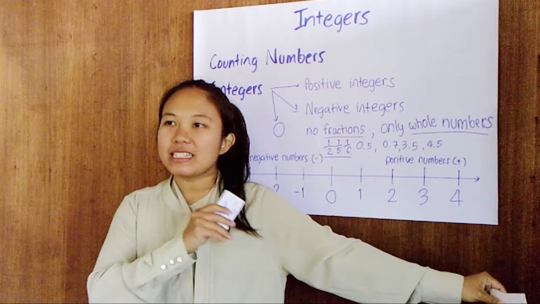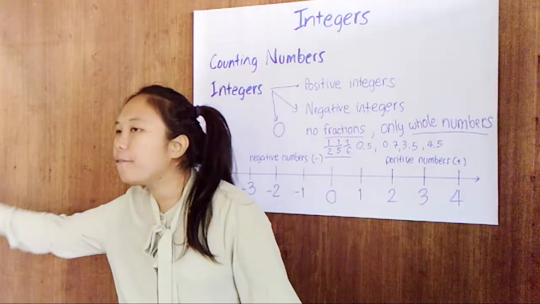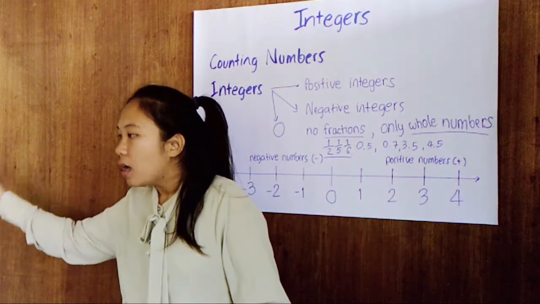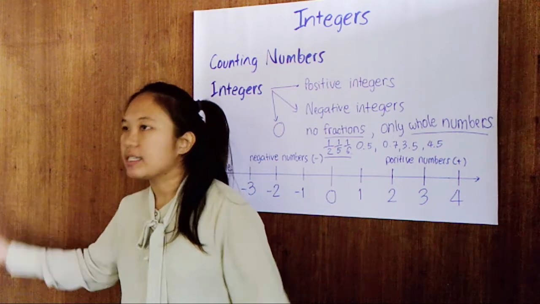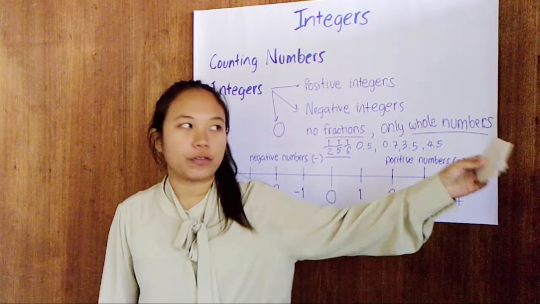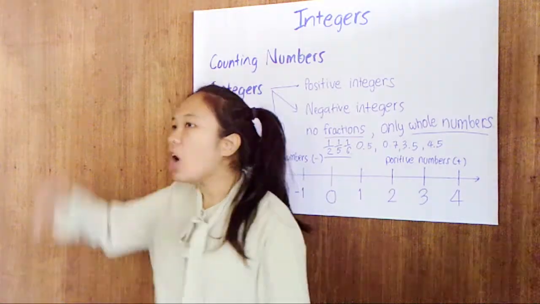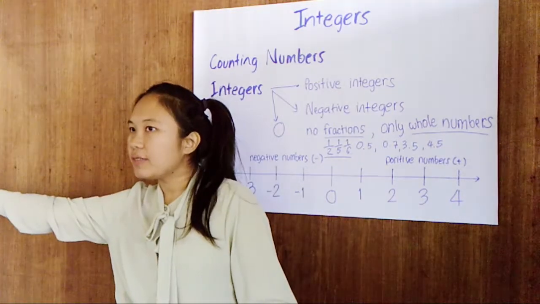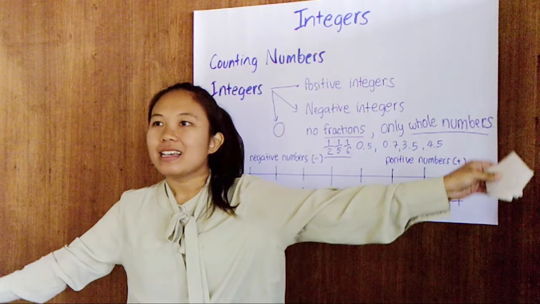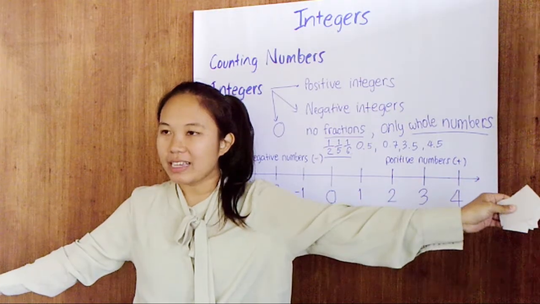Stand in the correct order from the lowest value your integer has to the highest value. So the lowest is on the left, the highest is on the right. Okay? So let's do it.